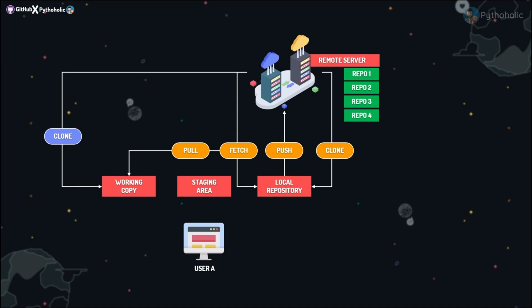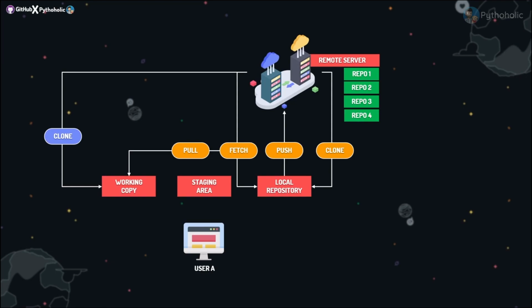If there are any changes already made to the file that you are currently working on, the remote repository will throw an error that you have incoming changes and it is creating a conflict with the code that you have. So you can pull the latest change from the remote repository or the remote server. And if there are any conflicts, you can perform a merge conflict operation and send in your code again.